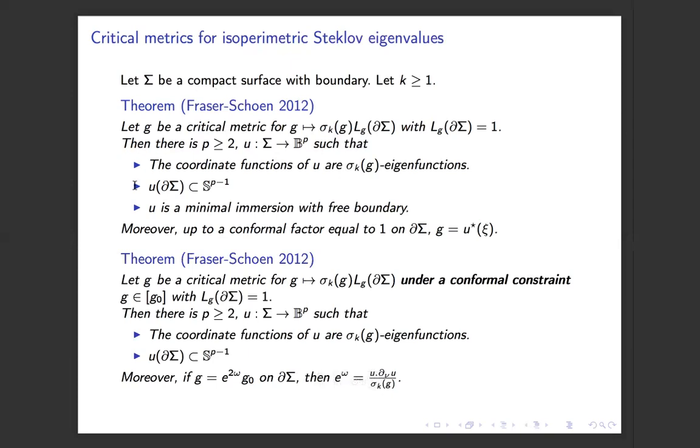Fraser and Schoen discovered this theorem, but they also discovered that if we do a variational problem in a fixed conformal class, we also have a characterization of critical metrics by the first two properties in this theorem: that you have a map such that the coordinate functions are eigenfunctions associated to the kth Steklov eigenvalue, and the boundary is sent into a sphere.